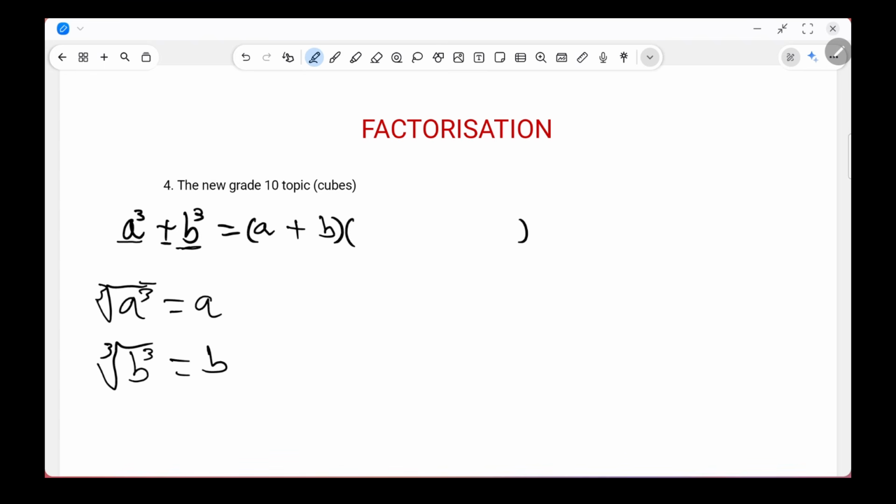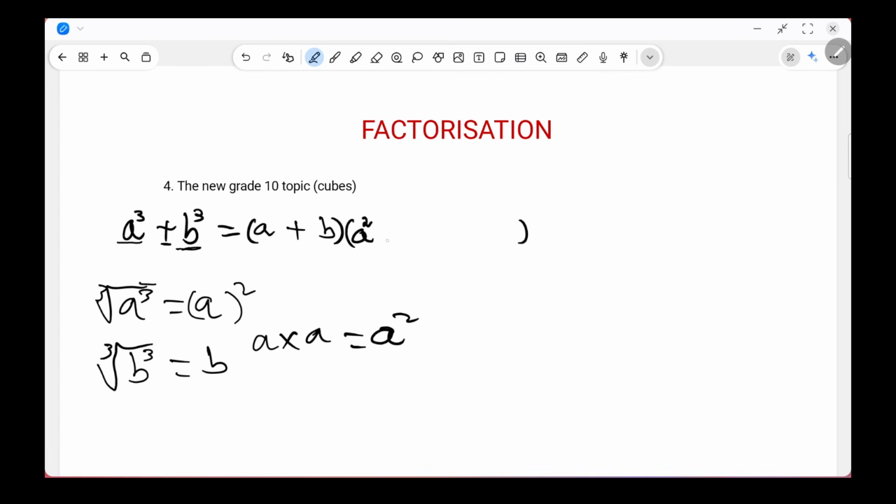A big bracket. We take a and multiply it by a, and a multiplied by a is a squared.